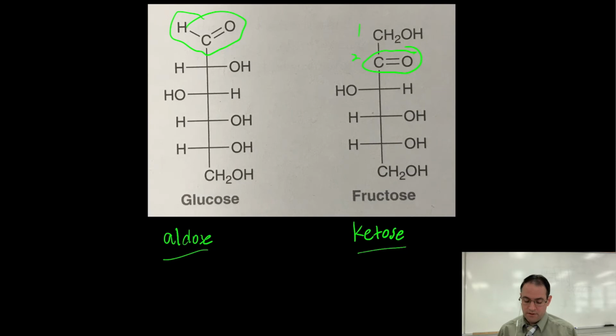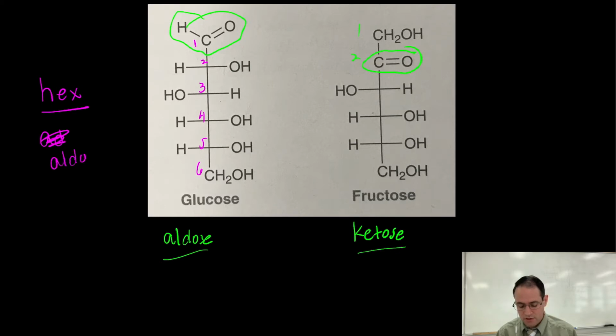So let's go back to glucose here, okay? And let's try to name this. So if we number the carbon atoms here, we can see that it contains 6 carbons. So 6 is a hex for 6 carbons. We said already that this is aldose, okay? An aldose sugar, okay?